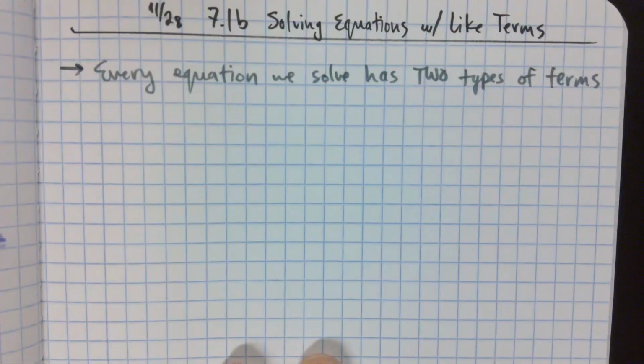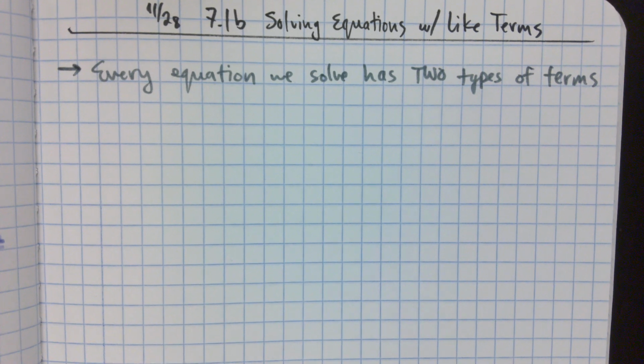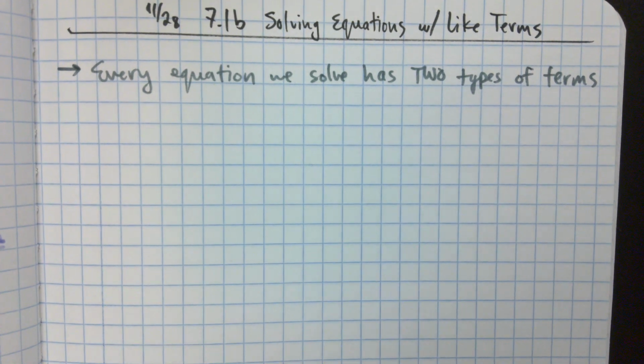So every equation that we solve is going to have two different types of terms. No matter how many terms the equation has, 1, 2, 3, 4, 5, 6, doesn't matter. We're going to build up to a bunch of different terms. They're going to fall into one of two categories always.